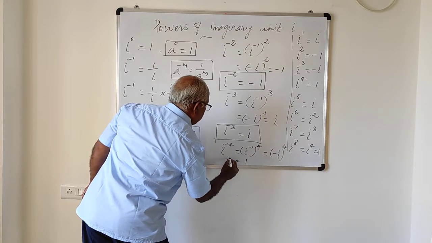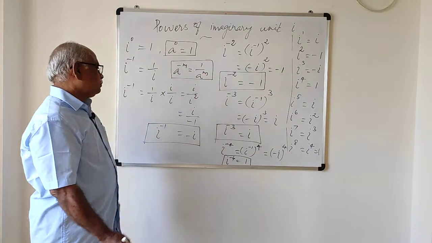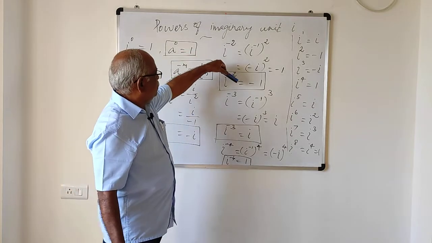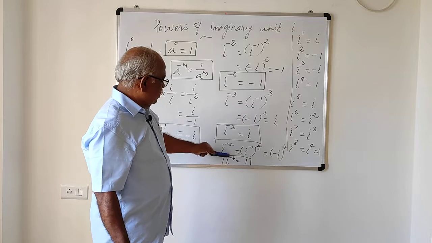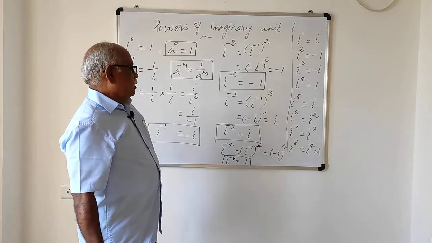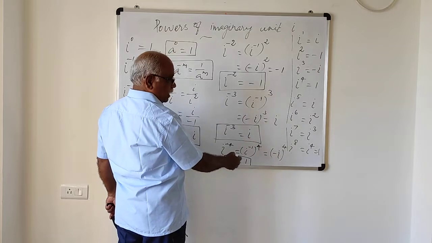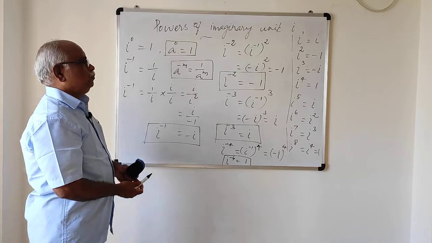So i power minus 4 is 1. So i power minus 1 is minus i, i power minus 2 is minus 1, i power minus 3 is i, and i power minus 4 is again 1. So after these negative powers, these 4 results are repeated again and again.